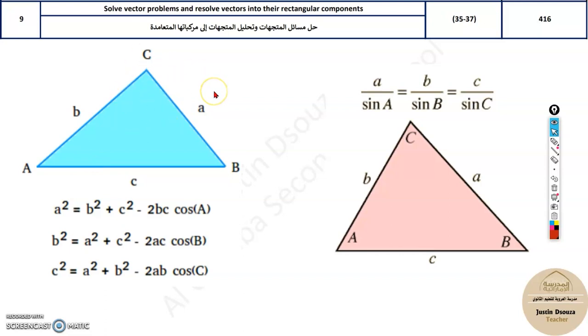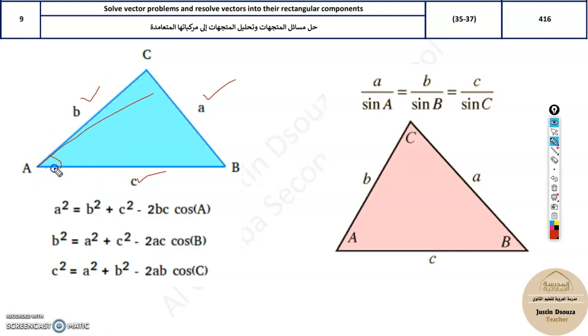But when it's not, you can use law of cosines or law of sines to find the sides or the angles. If all the sides are known and all the angles are unknown, law of cosines can help you find any of the angles.